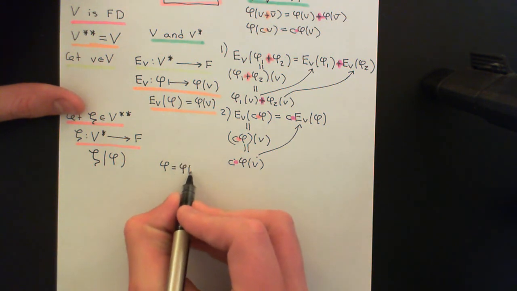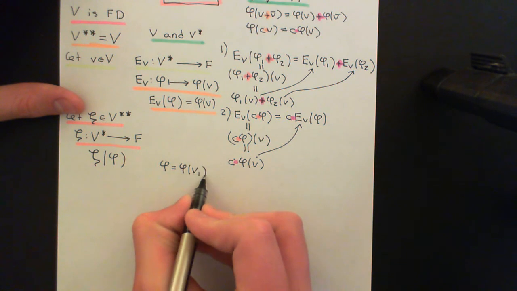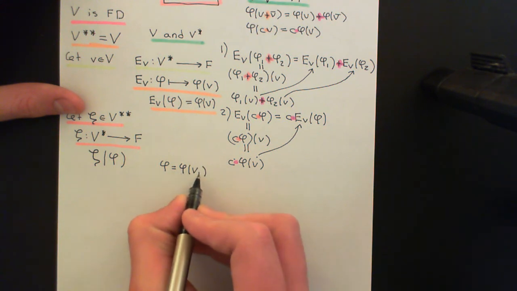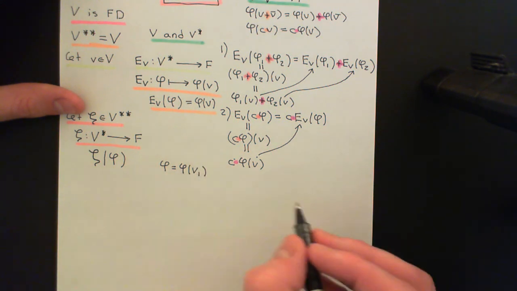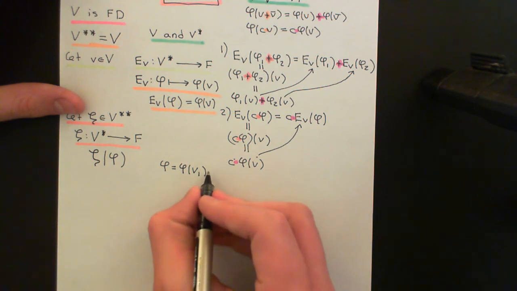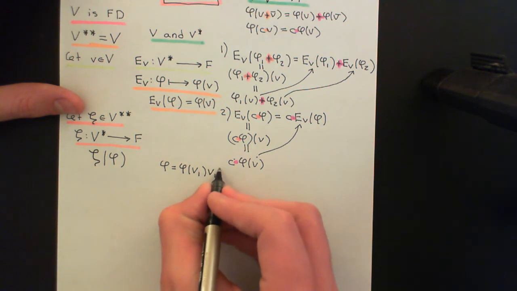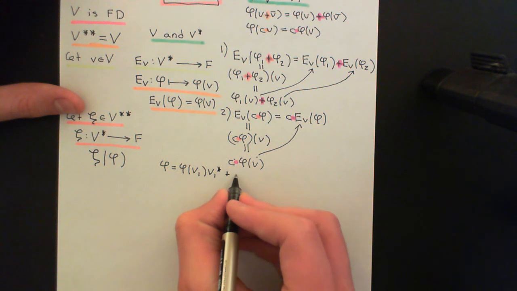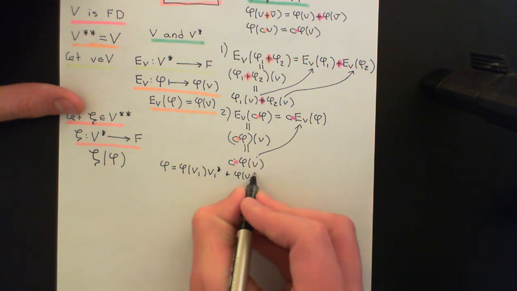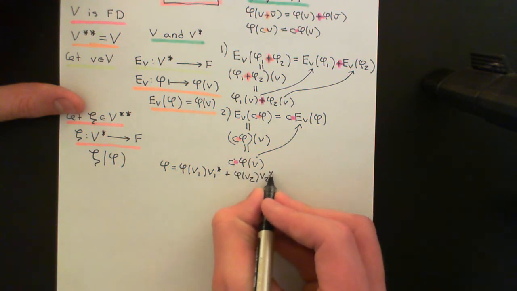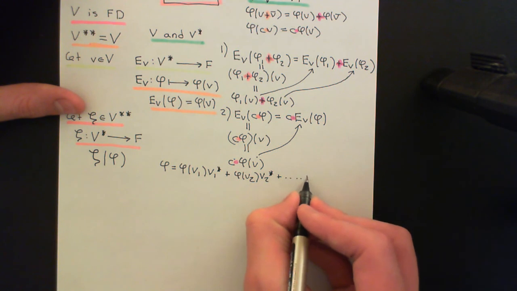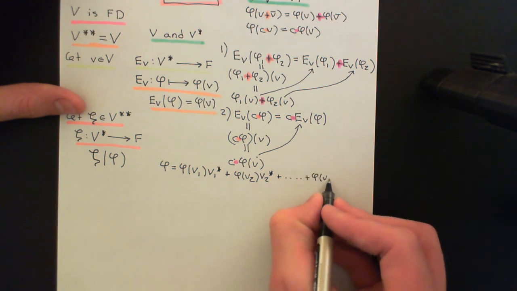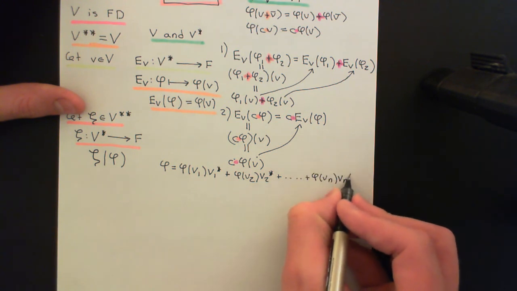The scalar coefficients in front of each of the basis vectors will be phi of V1, phi of V2, all the way up to phi of Vn. So let me write this out. We'll have phi is equal to phi of V1 times V1 star plus phi of V2 times V2 star plus all the way up to phi of Vn times Vn star.